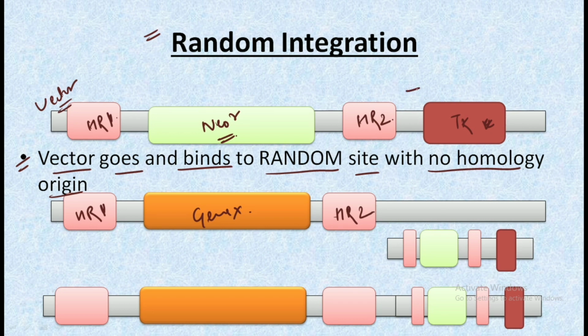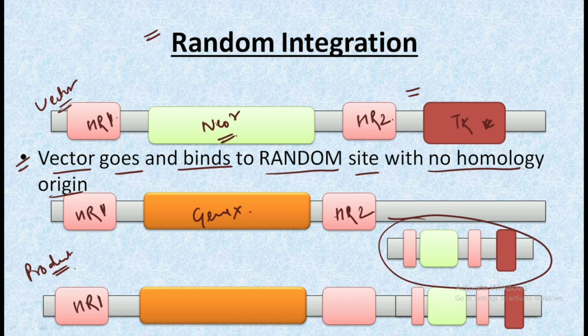So this vector would come and bind to any random place, and this place is not defined, or this place has no homology with the area where it is getting bound. So in this, what happens is that this gene, so this is the product of the result of this random integration.